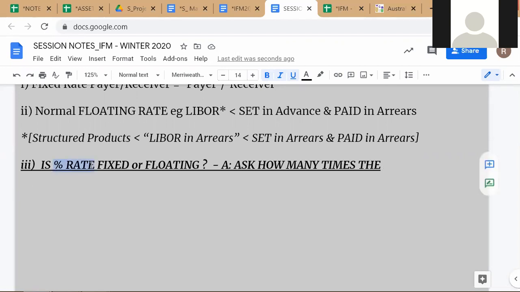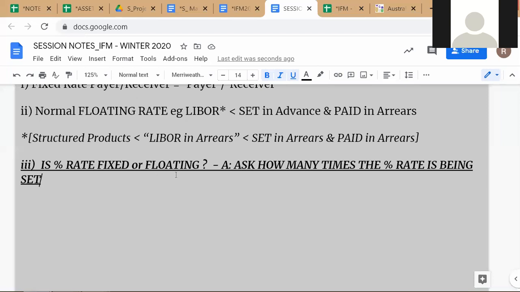This is interest rate. The percentage sign is the interest rate. When you reset it, it is also referred to as a set. Resetting is a setting also.